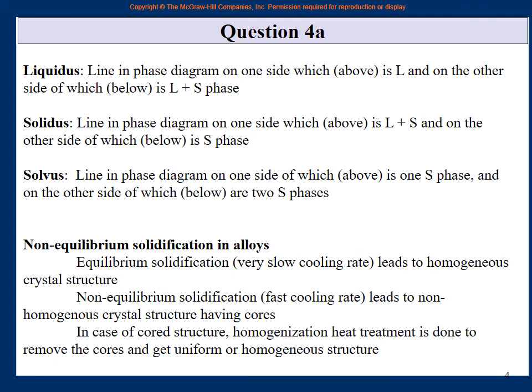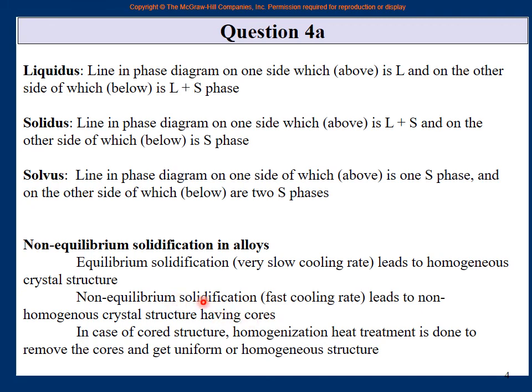It is not that in some small places there is a hard core and in others there is not. Non-equilibrium solidification is usually at a faster cooling rate, and this leads to a non-homogeneous crystal structure having cores. So the idea that equilibrium solidification gives cores is a mistyping.